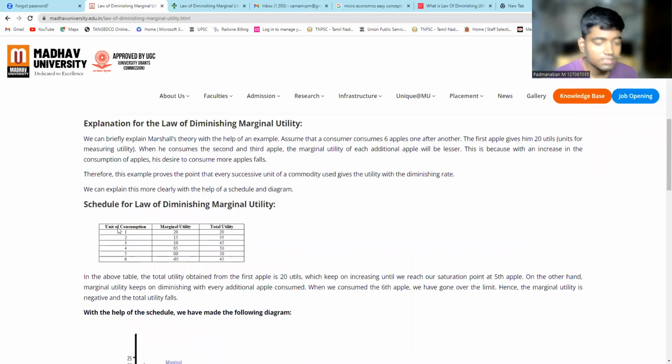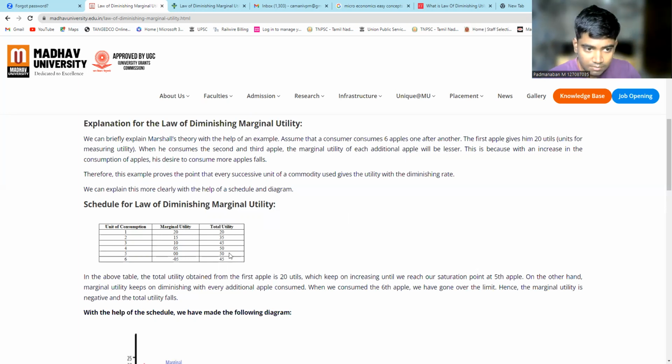In this schedule, they have drawn up a table with columns. While consuming 1 unit of apple, we derive a marginal utility of 20 units. After consuming another apple, we get a marginal utility of 15 units. Like that, it keeps decreasing. Marginal utility decreases with each apple, each unit consumed.